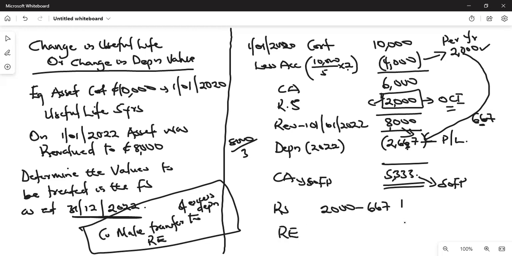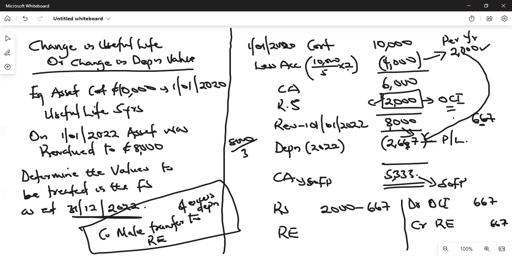So in terms of the double entry, you will debit revaluation surplus or OCI with 667 and credit retained earnings 667. 667 is the difference. All right.